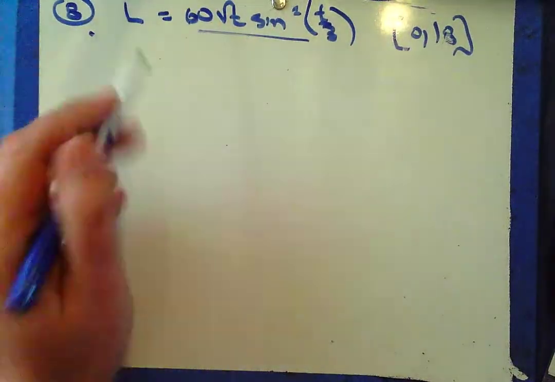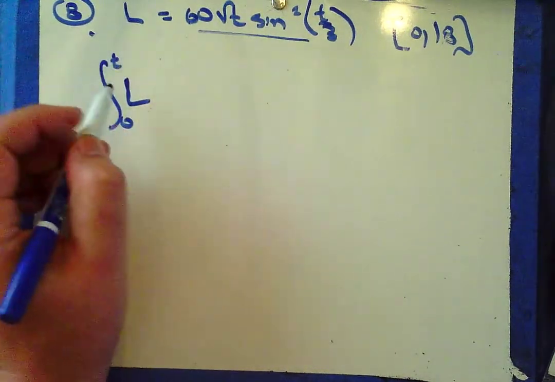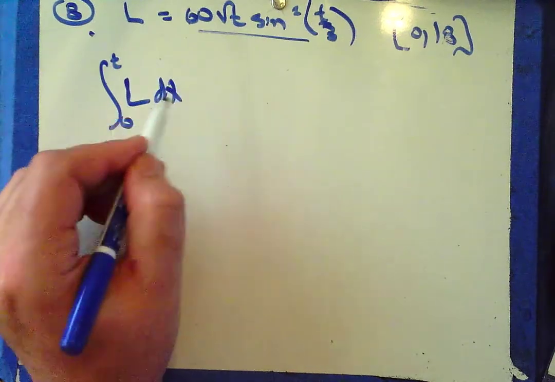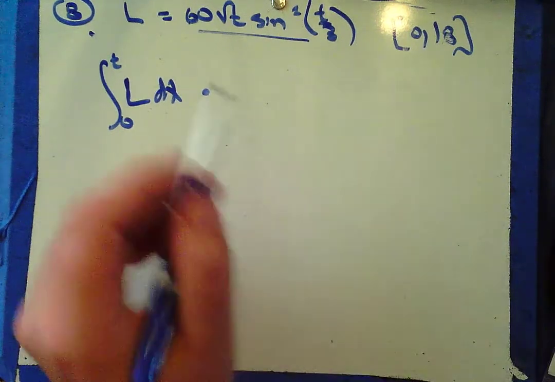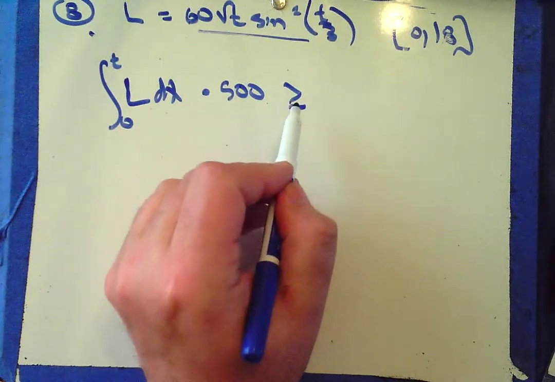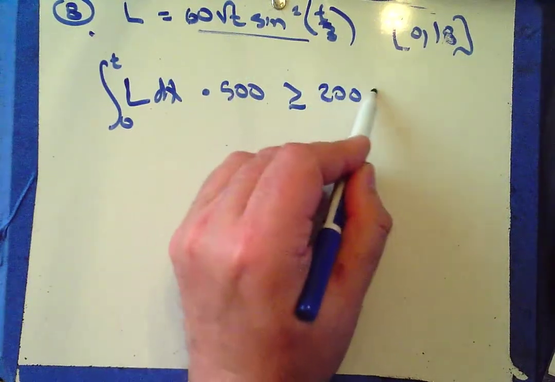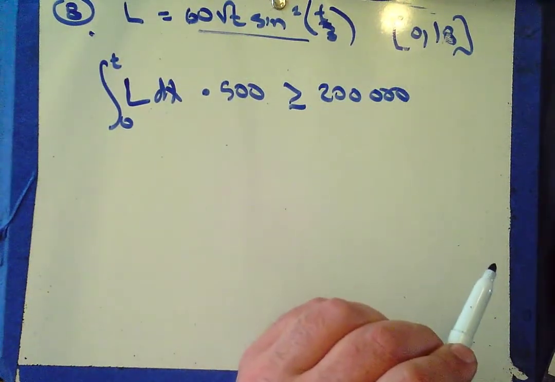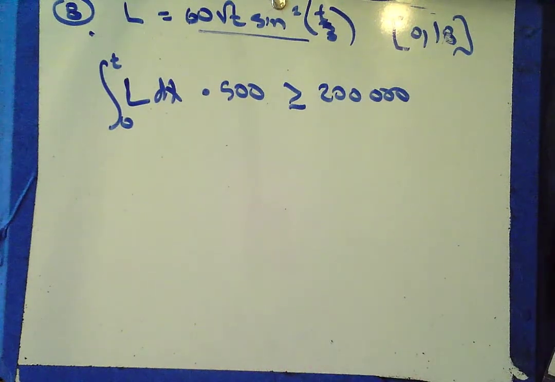The product of the cars turning left, the integral from 0 to t of L dx, times the total number of oncoming cars, which is 500, is greater than or equal to 200,000. If there's a 2-hour window where this is true.